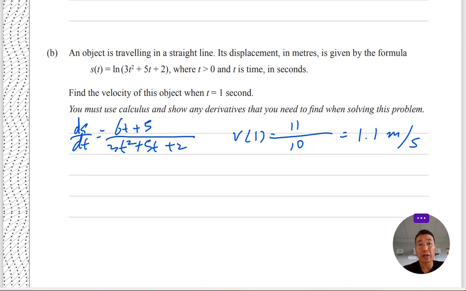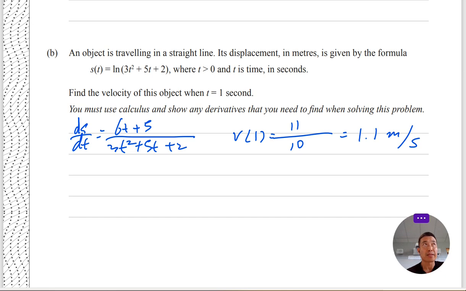Question B. An object is traveling in a straight line. Its displacement in meters is given by a formula like this, where t is in seconds. Find the velocity of this object when t equals 1 second. It's a kinematics question. So we have to find ds/dt, which is the velocity, isn't it? So we differentiate. When you differentiate ln x, you get 1 over x, right?